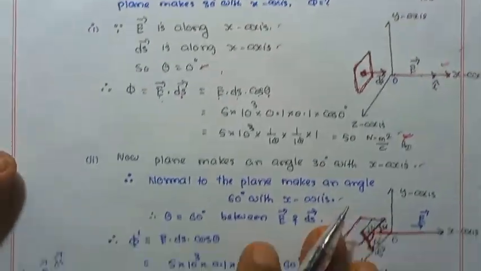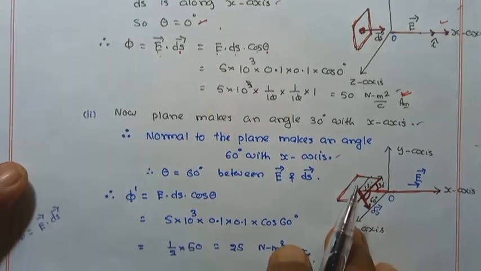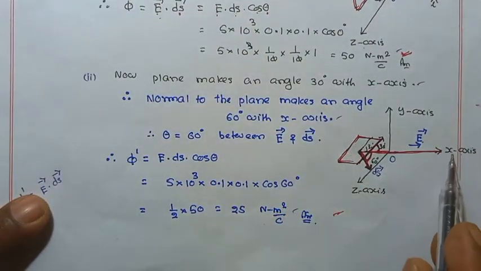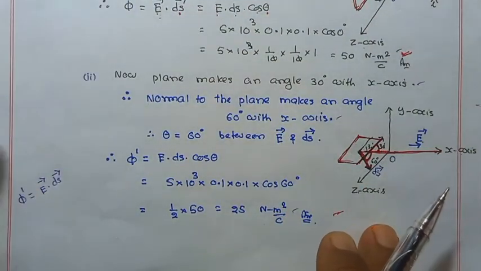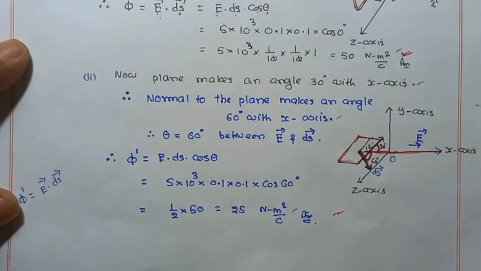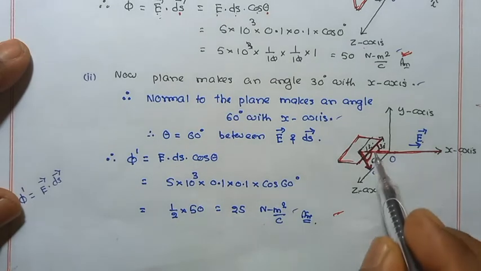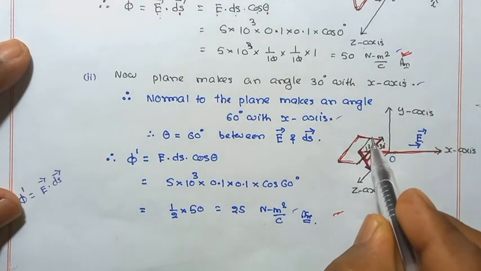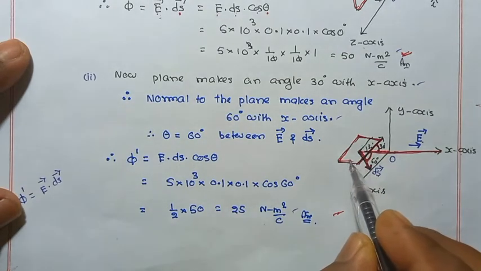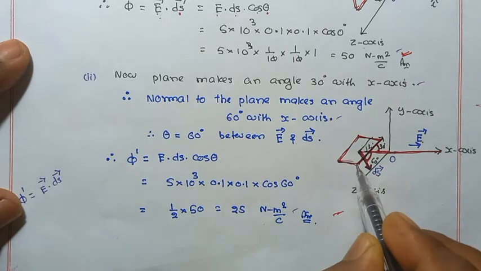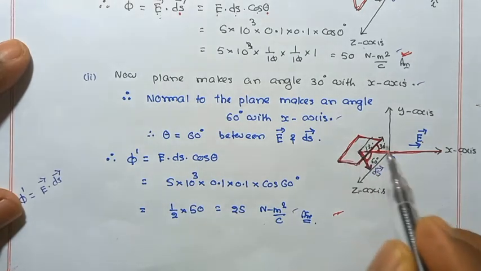See here, this is the x-axis, y-axis, z-axis, and this plane is placed in the YZ plane, this is the square plane.